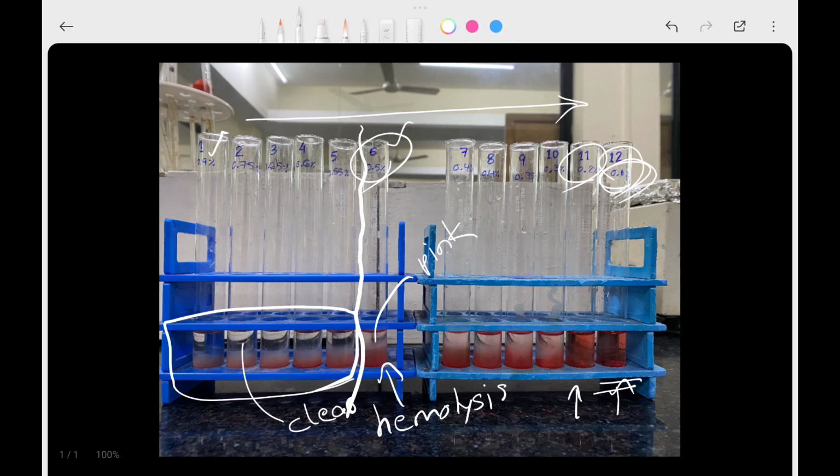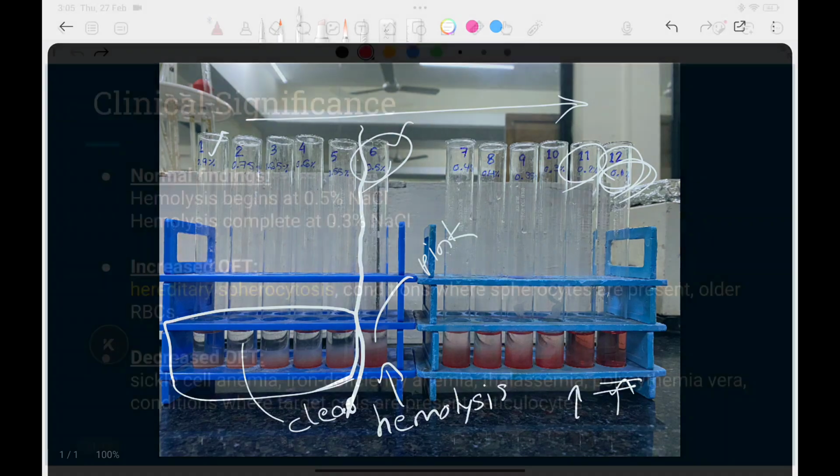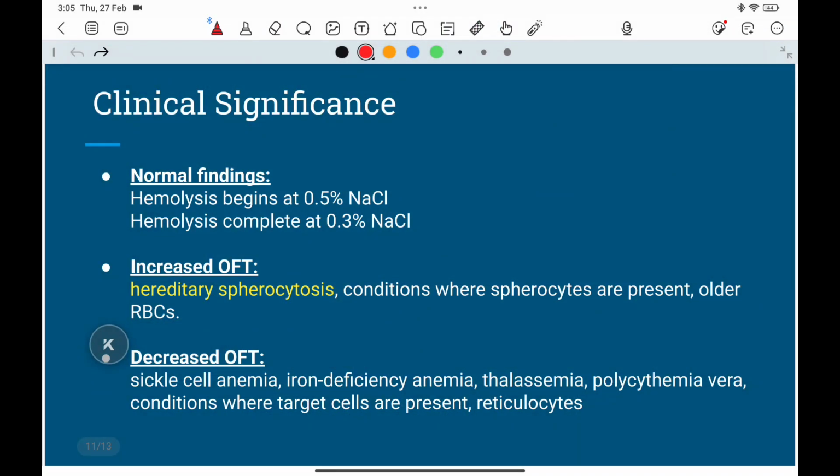You can see the homogeneous pink color there. So we can say this is complete hemolysis.